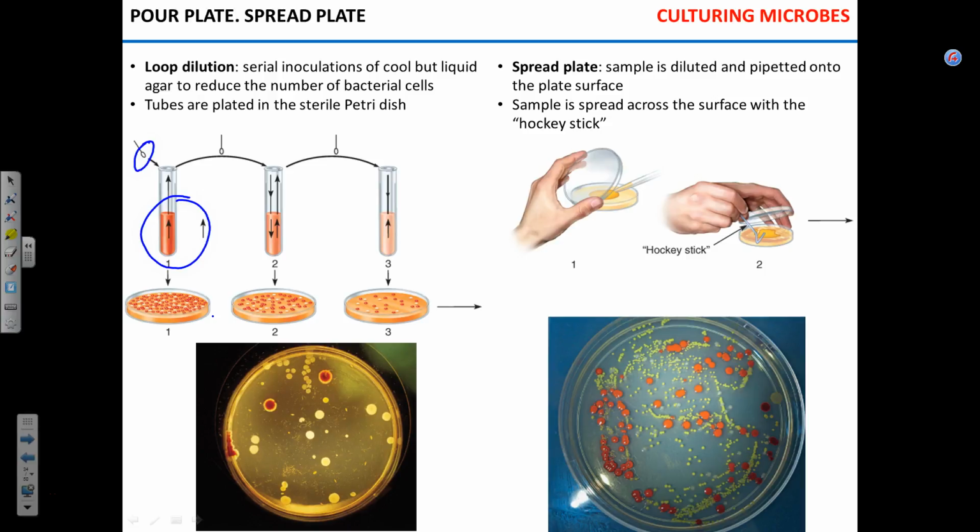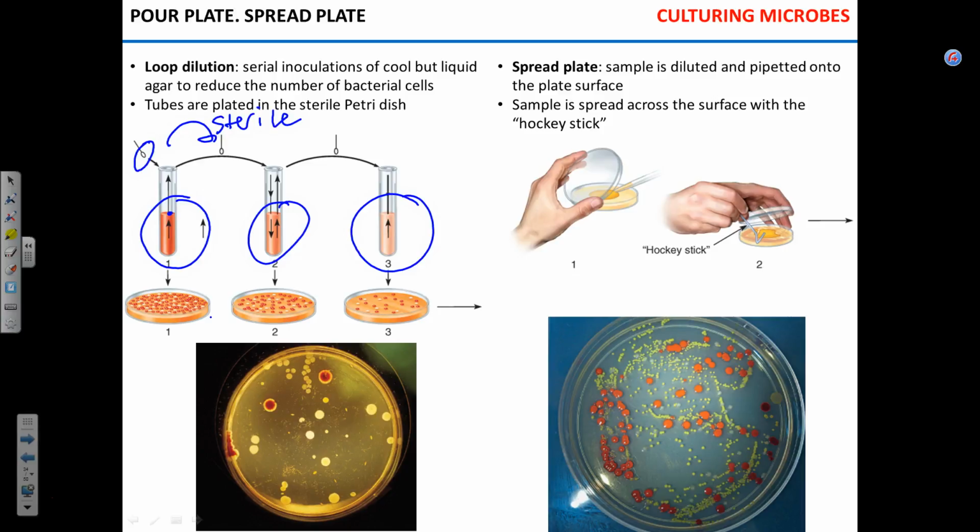You add it to the agar and you mix it really well. You sterilize the loop and you transfer some of this diluted sample into the next tube. That makes sense? So you dilute it even further. And then you transfer it to here, even further.